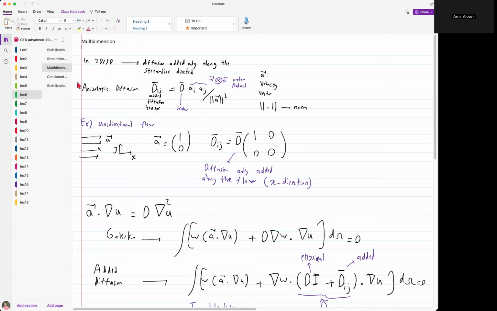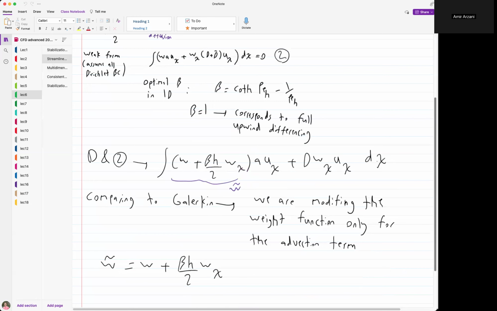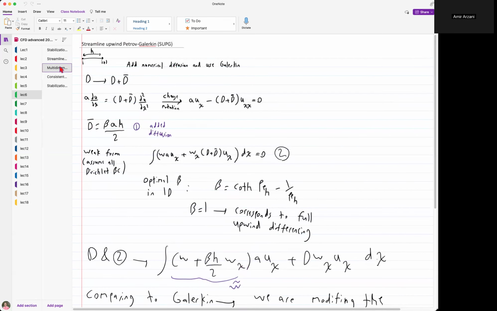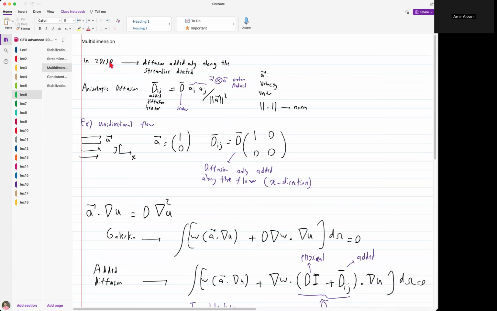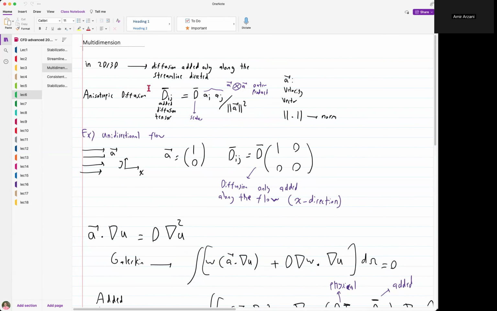So this is where the name streamline upwind Petrov-Galerkin, or SUPG, comes from, because now we want to only add the diffusion along the streamline direction, where the velocity vector is pointing. Therefore, we're going to define an added diffusion in a tensor form that's anisotropic. So we're not going to be using an isotropic diffusion, but rather I'm going to be adding artificial diffusion that is different in different directions.